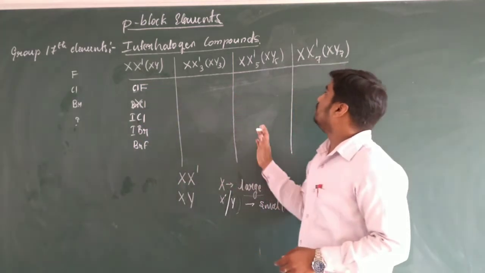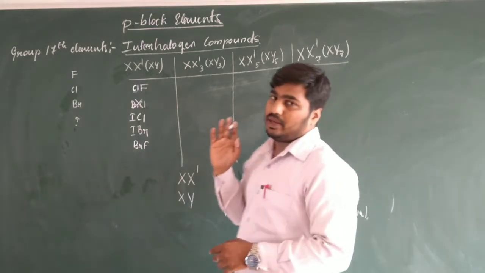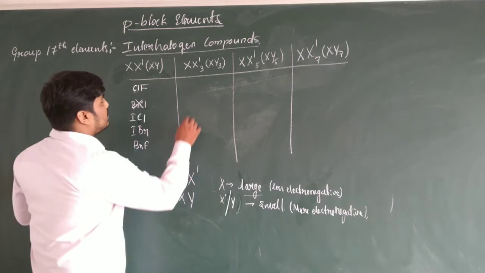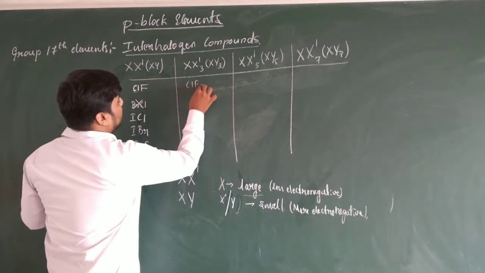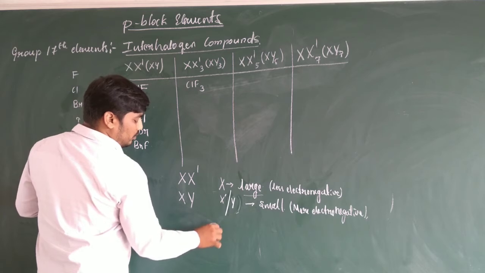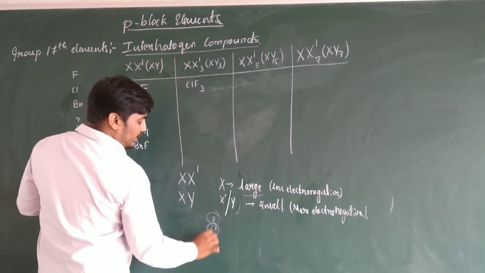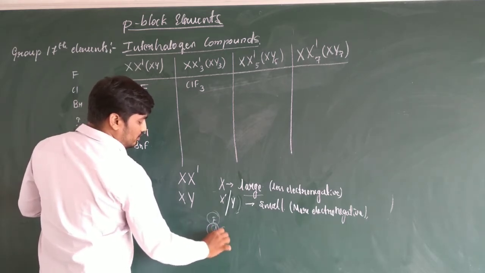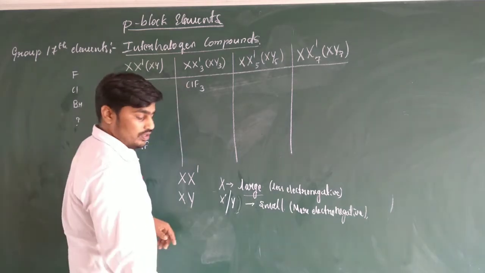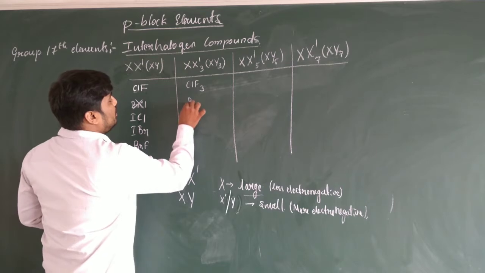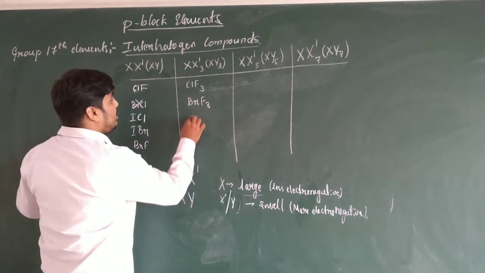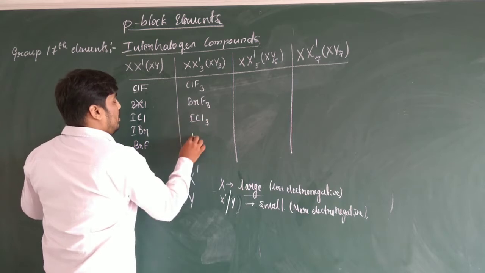Here tri, here penta, and F. Next, the XX3 form. In the XX3 form, ClF3 exists because of the smaller size of fluorine; three fluorines can attach. Similarly, BrF3 is possible. Next, ICl3 is possible.